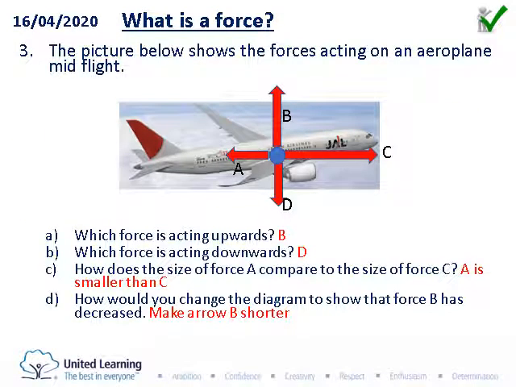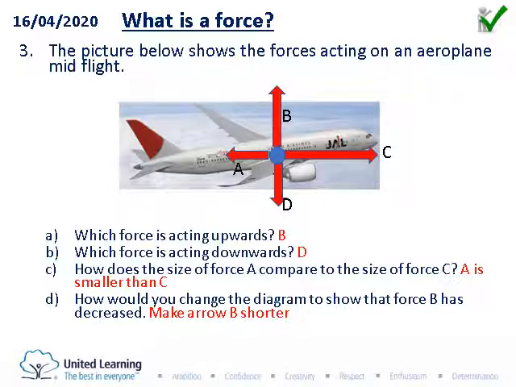Here is the answer to question 3. So again, correct any mistakes, add any missing information, and press pause while you do that. Okay, so hopefully the first two of those questions are pretty straightforward. Force B is acting upwards, force D is acting downwards.